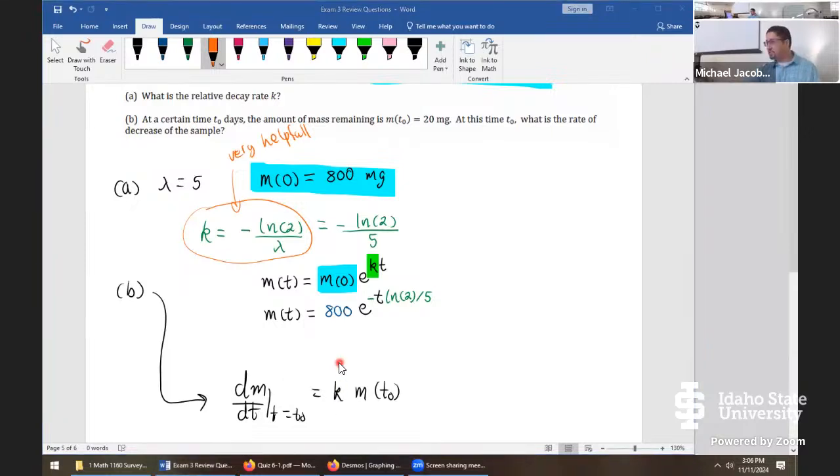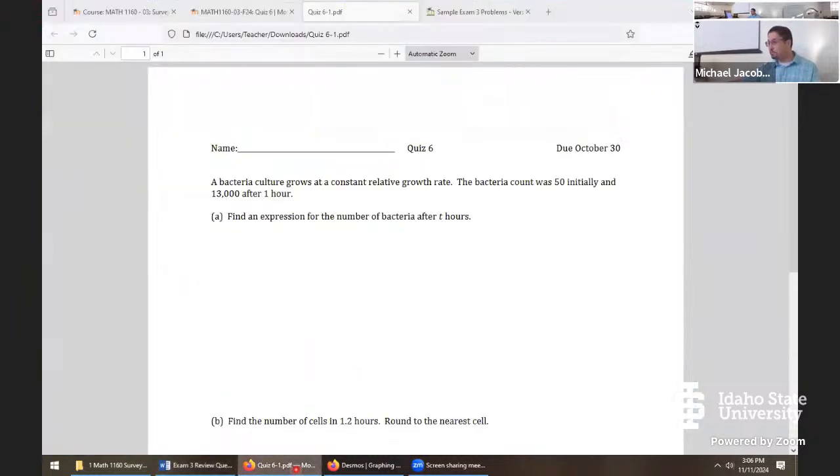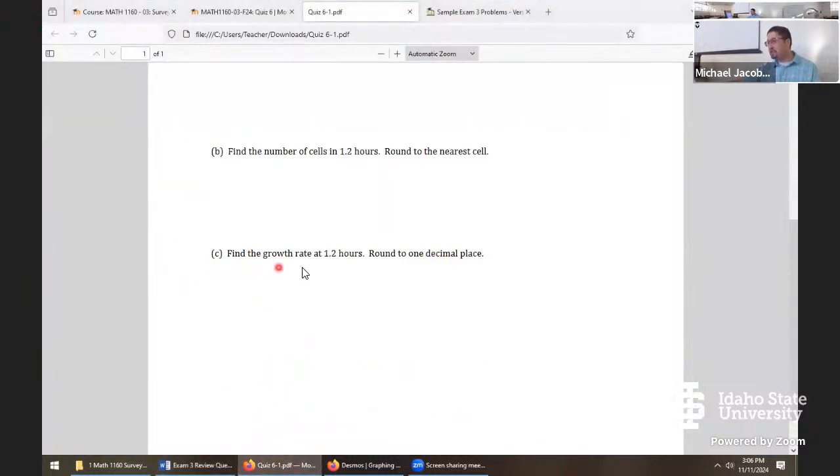Okay, well, last things to do here is plug in the value for k, plug in the value for mass at t naught, but it said mass at time t naught is 20 milligrams. So I guess this example we're doing right now is mainly to emphasize the derivative portion of the whole problem. On your quiz number 6, that was part C, find the growth rate.